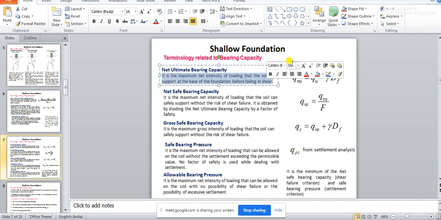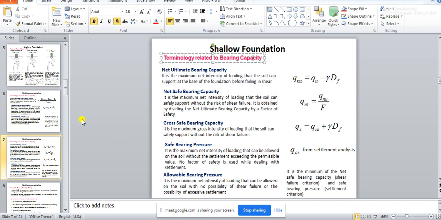Okay. Now, once you have defined the term ultimate bearing capacity, so ultimate means what? Ultimate means you cannot go beyond that, and net ultimate means you are just subtracting the overburden pressure. So the net ultimate bearing capacity is basically obtained by subtracting the overburden pressure from the ultimate bearing capacity.